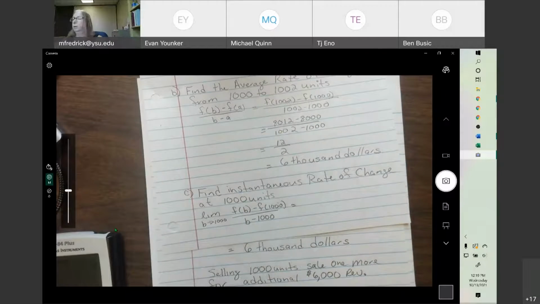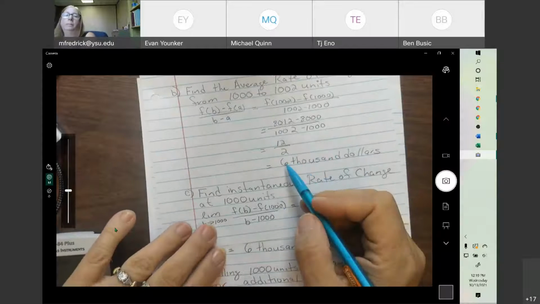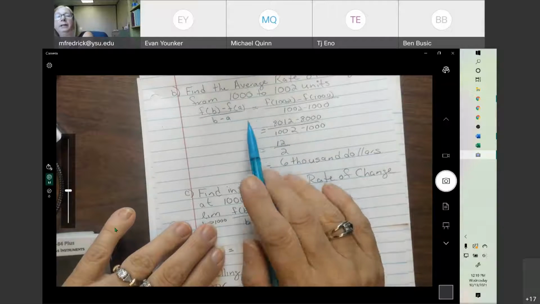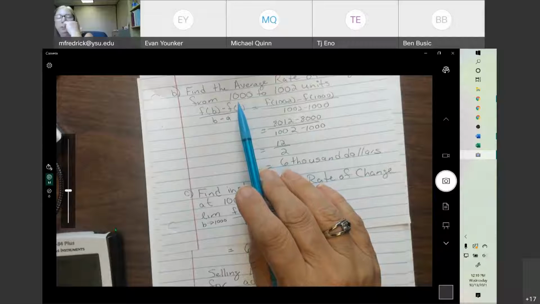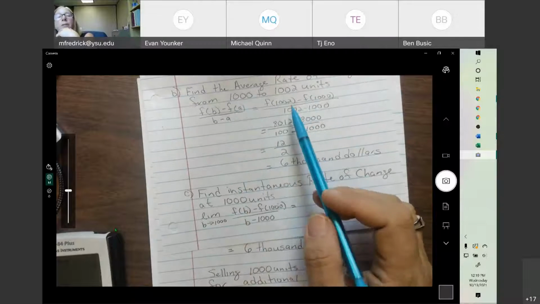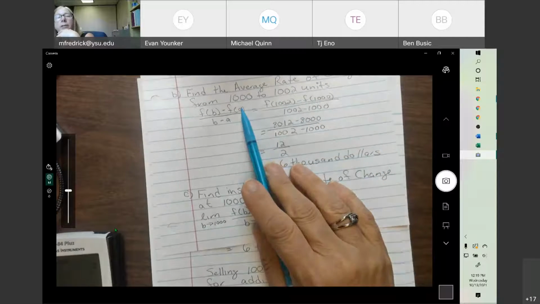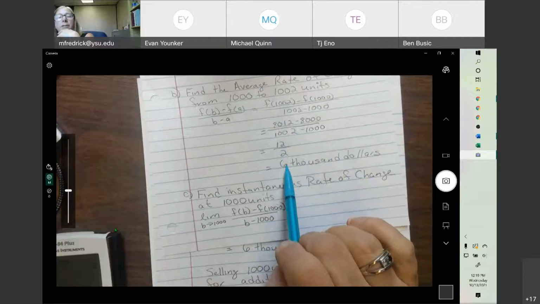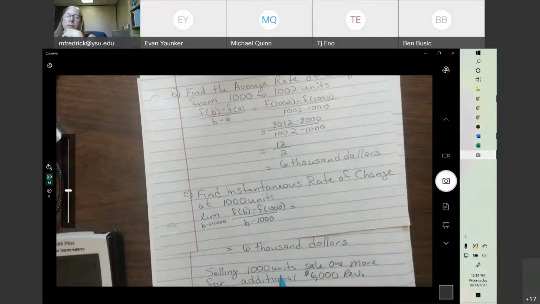It's probably at the top of your parabola coming down. So you're not making any money after the 1,001. Because the change from 1,000 to 1,002 was 6,000, and so was this one.